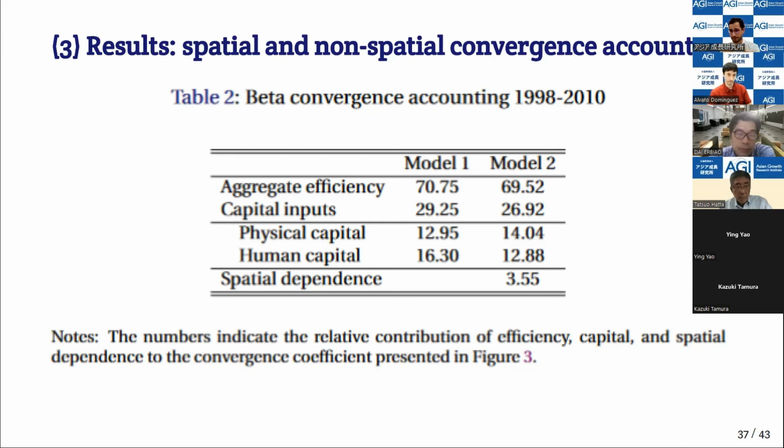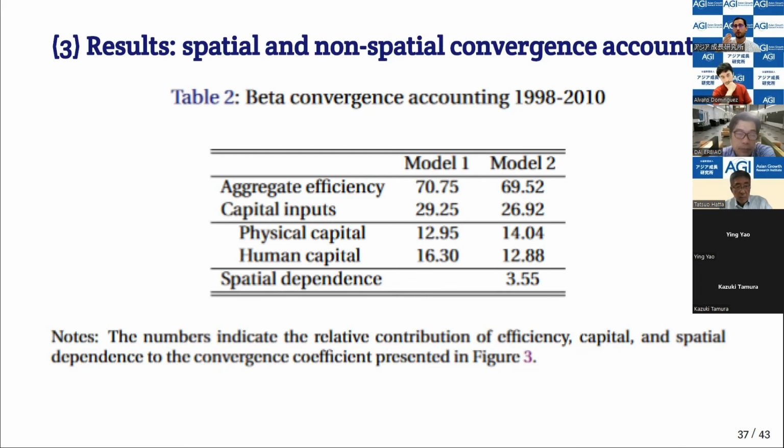Now, it's also very interesting to note here that physical capital becomes more important when we filter by the role of space, and human capital, on the other hand, actually becomes less important, meaning that the overall contribution to the convergence of regions diminishes from 16% to 13%. Now, these are the main results so far.